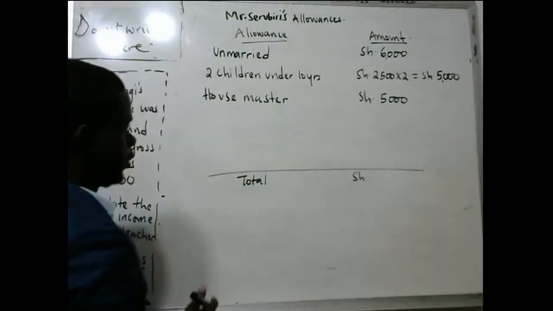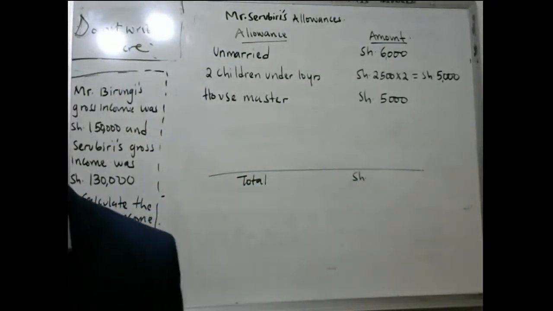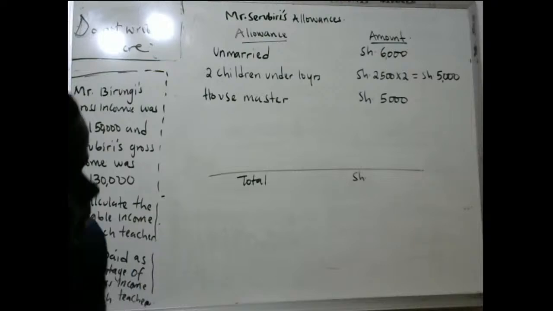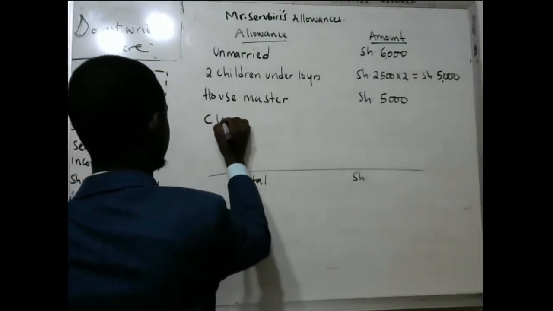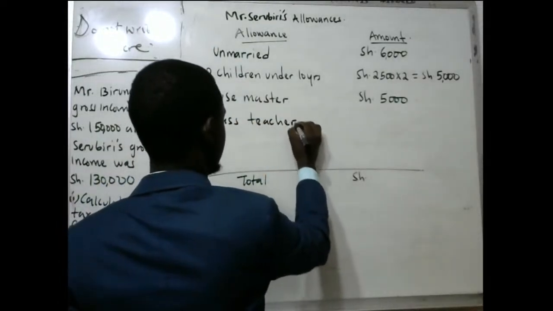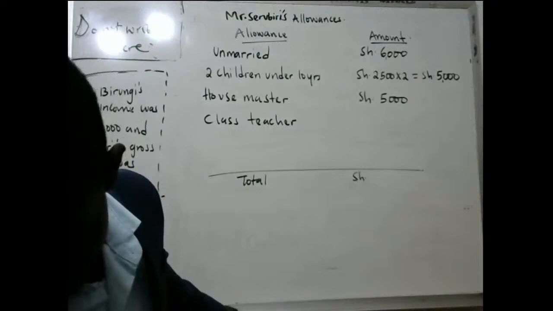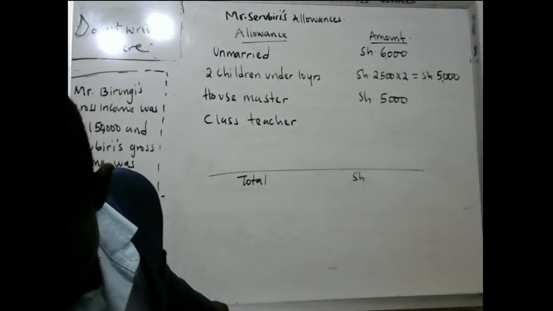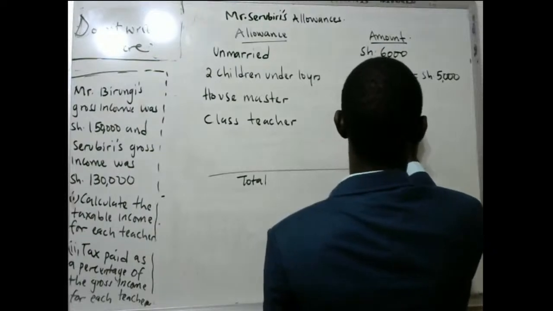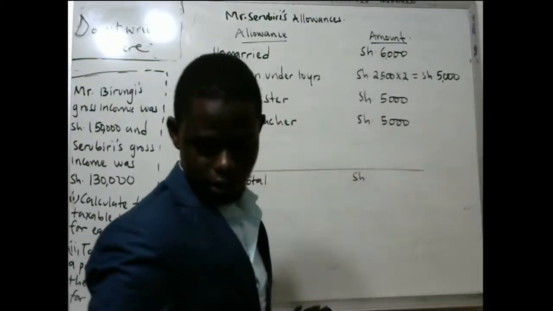Then lastly, of his allowances, they tell us he is a housemaster and class teacher. This man here is a class teacher. Class teachers get an allowance. See? Go back to the table. An allowance of 5,000 shillings. Class teachers get 5,000.